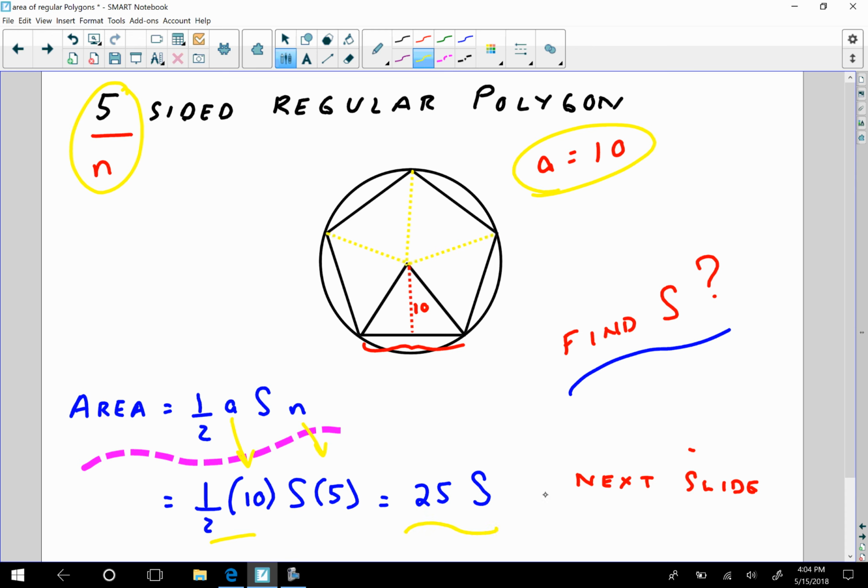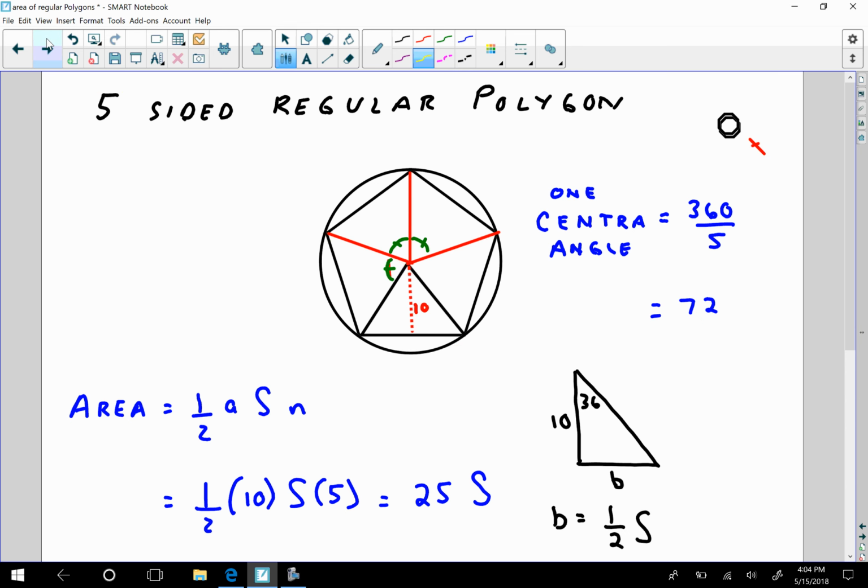What I need to find now is this S. And let's go to the next slide to see how I might find the length of one side with this given information. I have the same diagram here. What I need to know is that all of these central angles here are congruent, and we also know that the measure of a circle is 360 degrees.